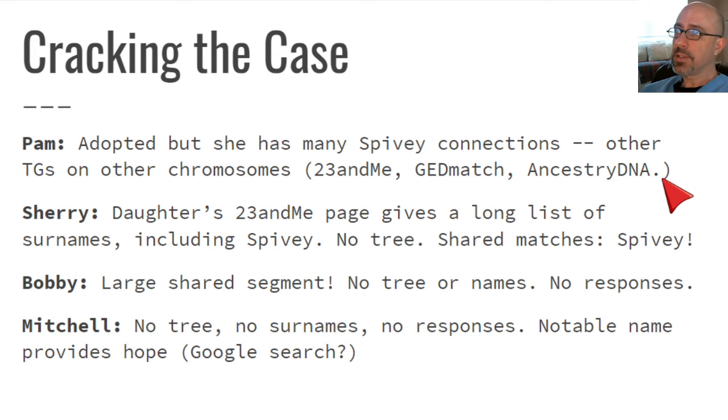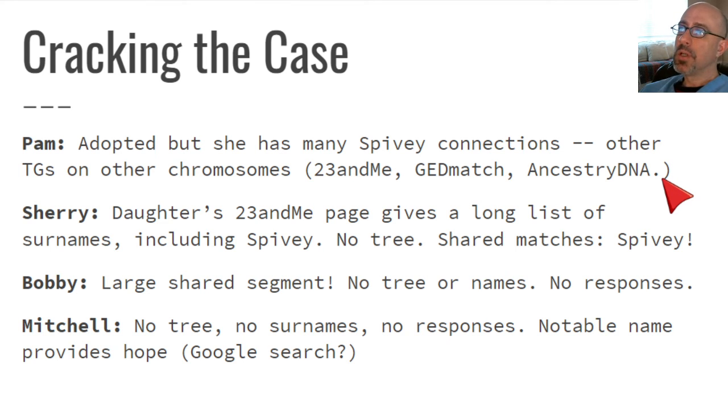Her daughter listed surnames on her 23andMe profile page, and the name Spivey was one of those surnames. That was another strong clue. Bobby basically had nothing on his 23andMe profile, so didn't have much to go on there at all, and he never responded to any messages, may have never logged in to see those messages.